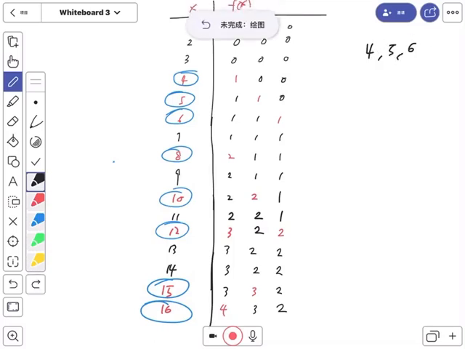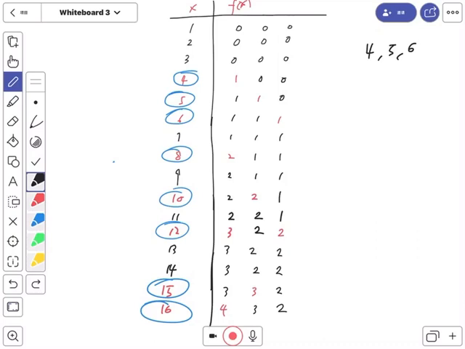For example, 4 is a multiple of 4, 5 is a multiple of 5, 6 is a multiple of 6, 8 is a multiple of 4, 10 is a multiple of 5, 12 is a multiple of both 4 and 6, 15 is a multiple of 5, and 16 is a multiple of 4.